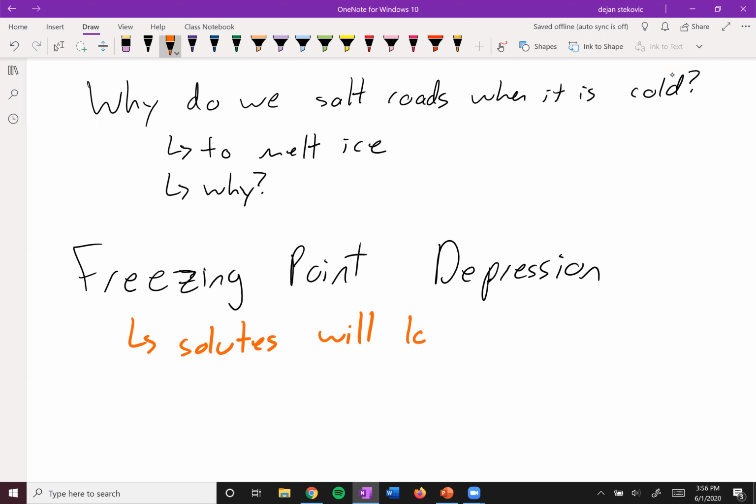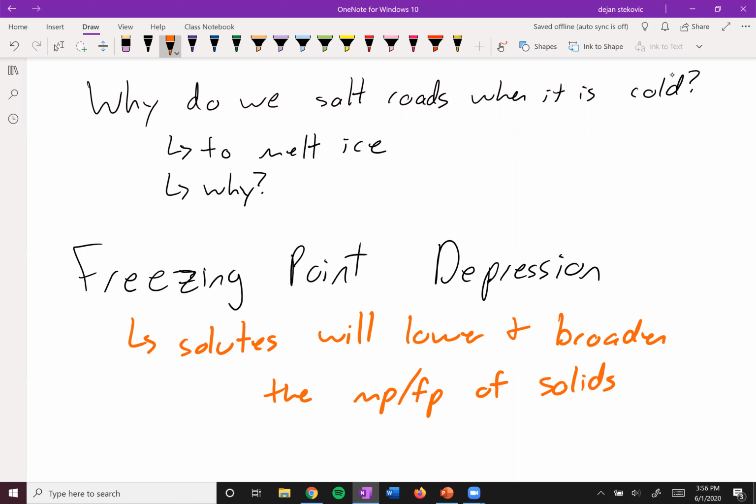First of all, they're going to lower the freezing point, or the melting point, whichever way you want to think about it, and broaden it as well. So solutes will lower and broaden the melting point or freezing point of solids.